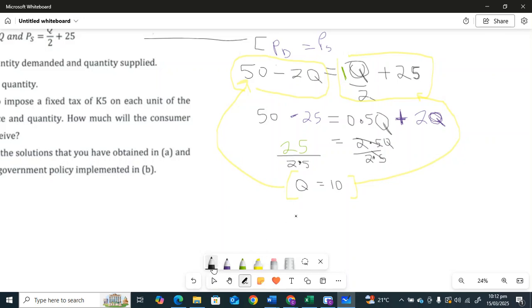Okay. So if we use PS, PS equals Q is 10, so it's 10 divided by 2 plus 25. 10 divided by 2, that is 5. 5 plus 25, equilibrium price, 30 kwacha.